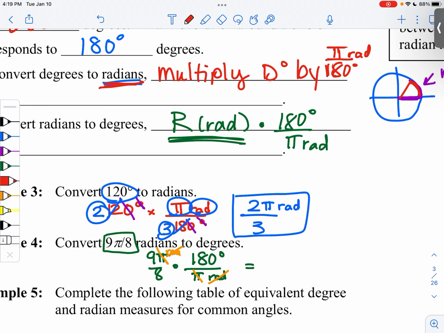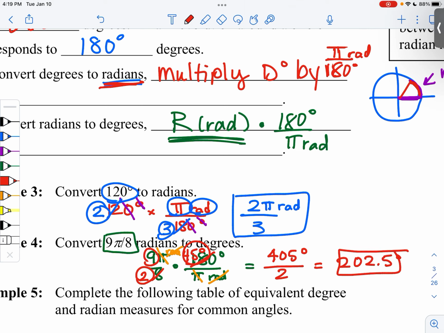I'm going to reduce 8 and 180 both by 4. So 8 divided by 4 is 2, 180 divided by 4 is 45. And I'm left with 9 times 45, which is 405 degrees all over 2, which is 202.5 degrees. So I know 9 pi over 8 radians is equivalent to 202.5 degrees.